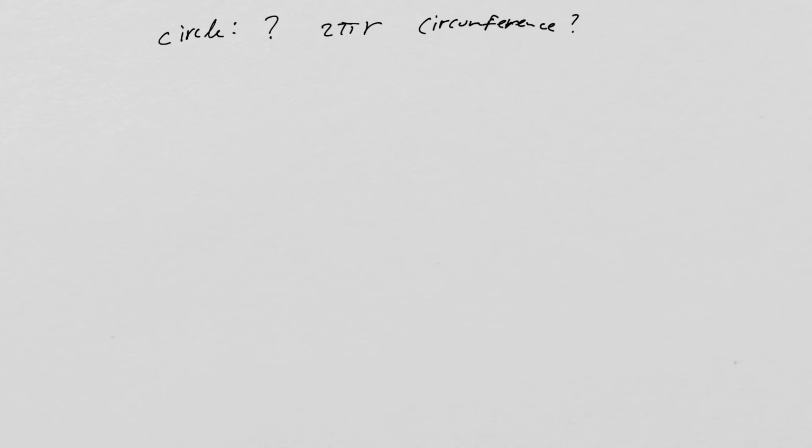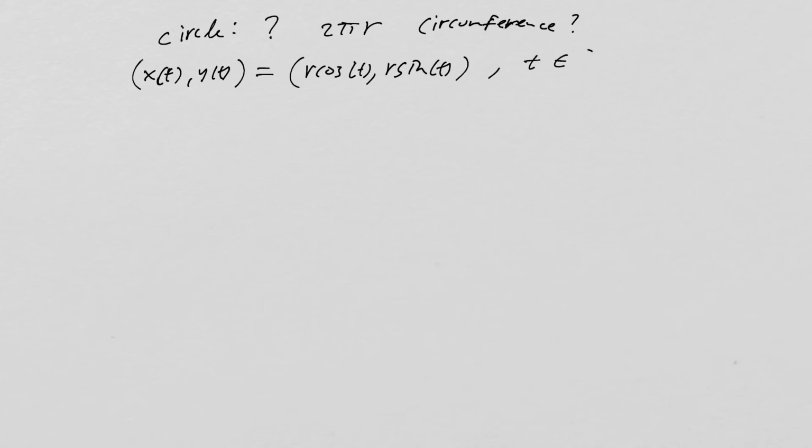So the circle, of course, is going to be x of t, y of t. If we remember how to make a circle, it's going to be r cosine t, r sine of t. Okay, and then t, of course, we have to go around a whole circle, so it's going to go around 2 pi radians. All right, well, x prime then, we need to get all the ingredients for our arc length formula, and that's going to be r times negative sine of t.